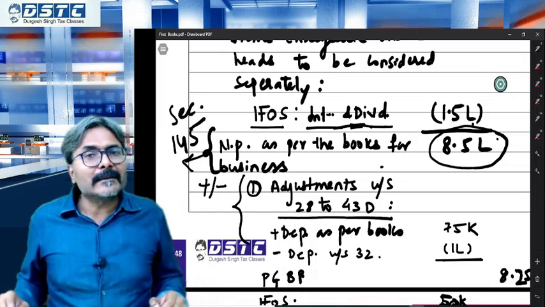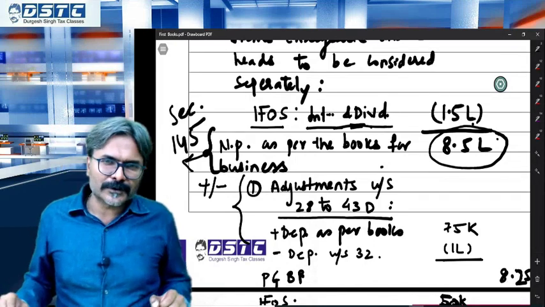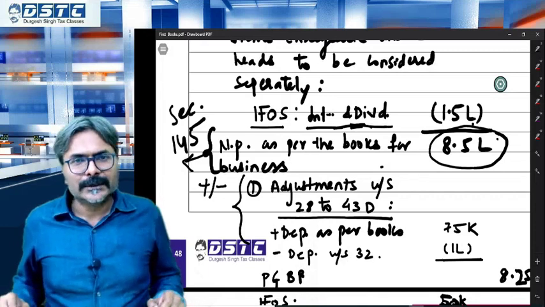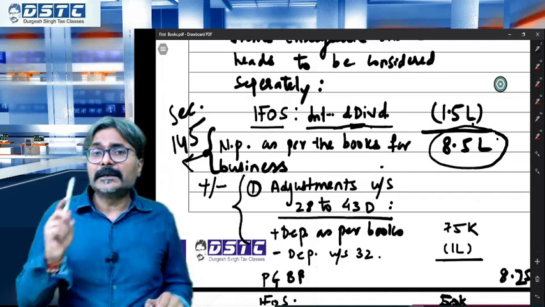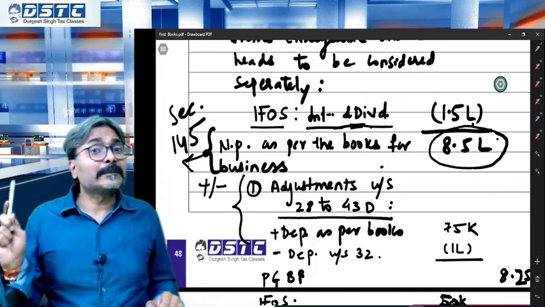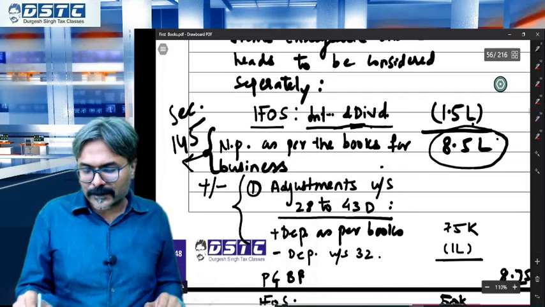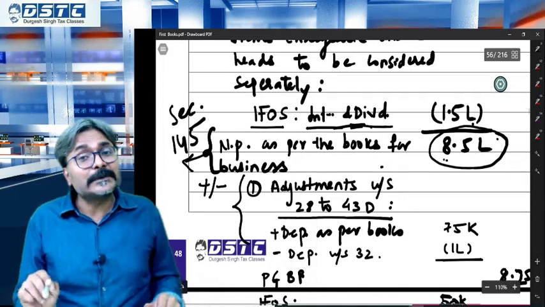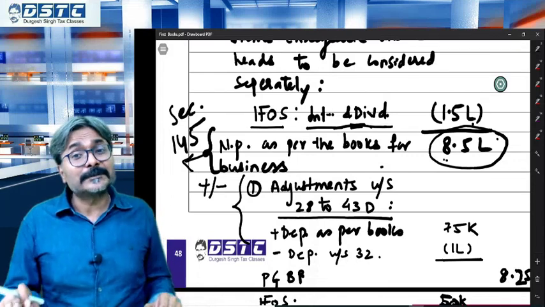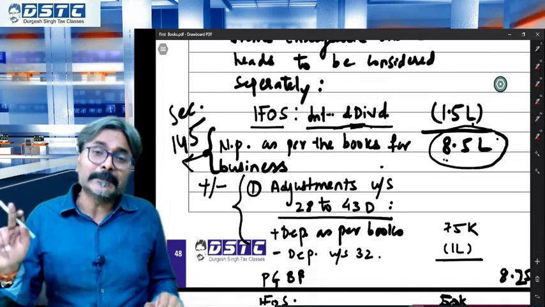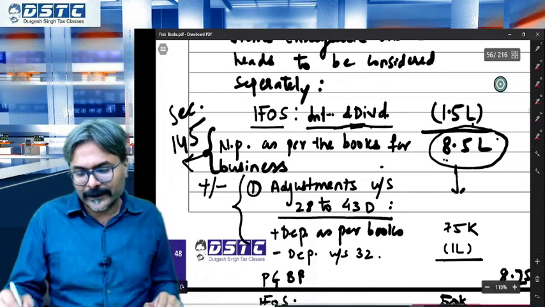That in determining the income under the head profit and gains from business and profession and the head IFOS, you shall take into account the commercial accounting principles. And therefore, students, this profit is your profit as per the commercial accounting principle. And on that accounting profit, we do the adjustments.